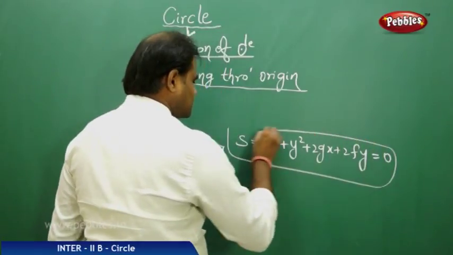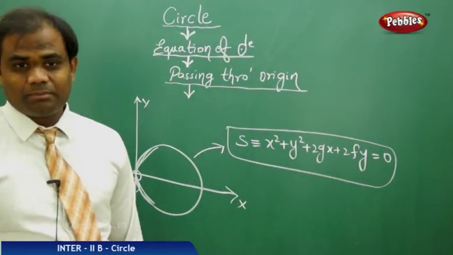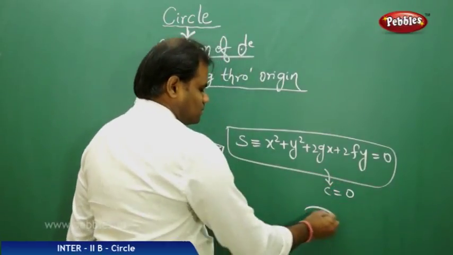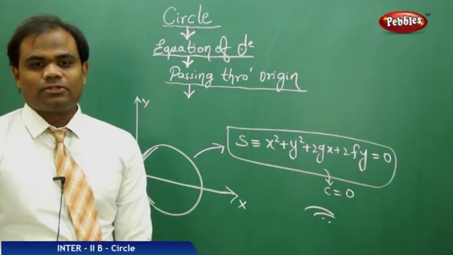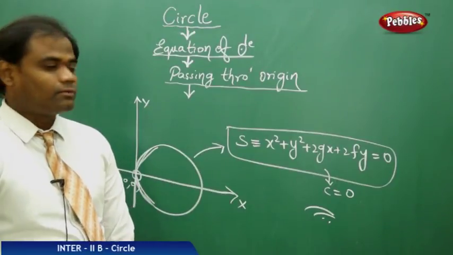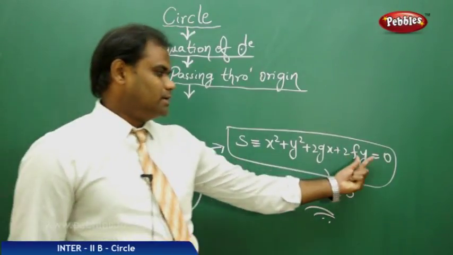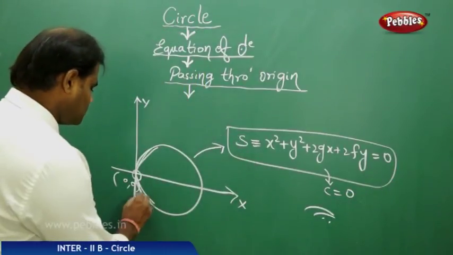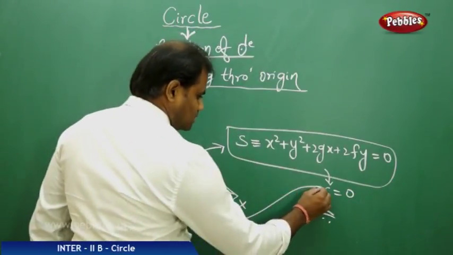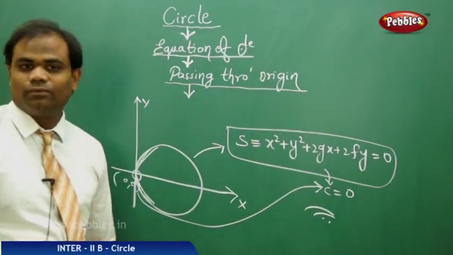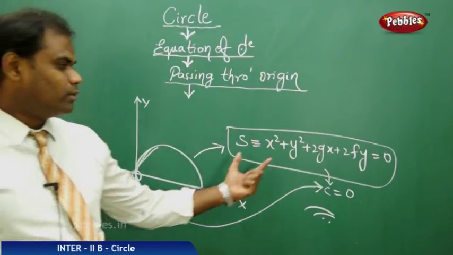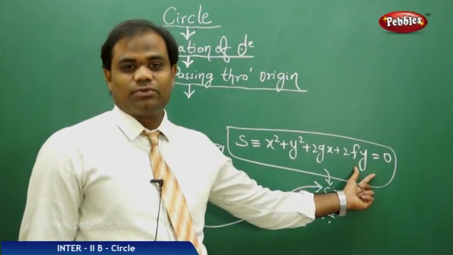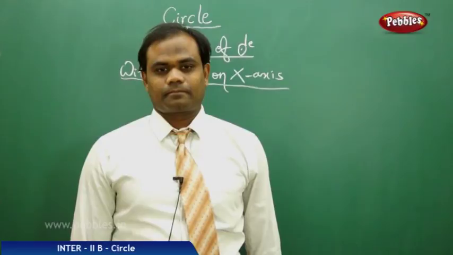Now this makes us understand that whenever a circle passes through origin, the c will be equal to 0. So the constant c in the general equation of circle is vanishing, because when a circle passes through origin, we have c equal to 0 always, and therefore the equation is x square plus y squared plus 2gx plus 2fy equal to 0.